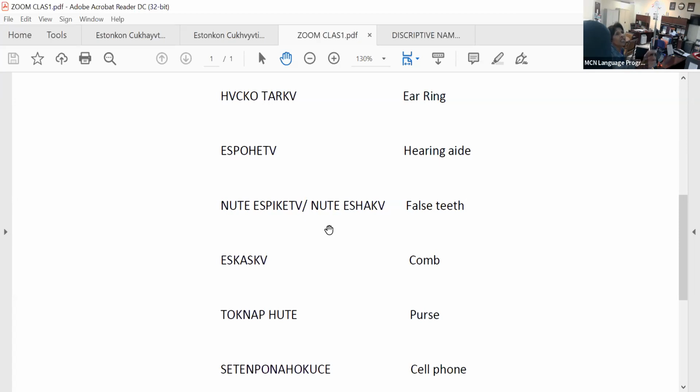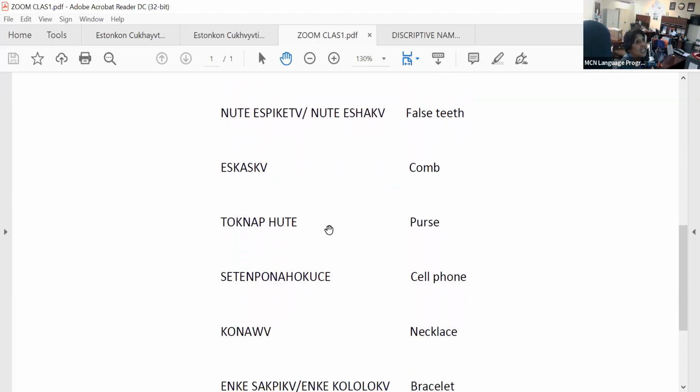This is to put in. Nodi ishaga is a word that says it's made. Tooth made. So it's false. It's been made. It's not your real teeth. Okay. Comb, iskaska.